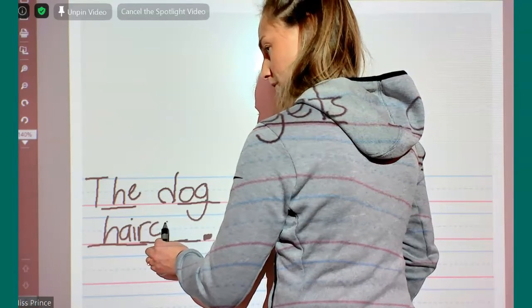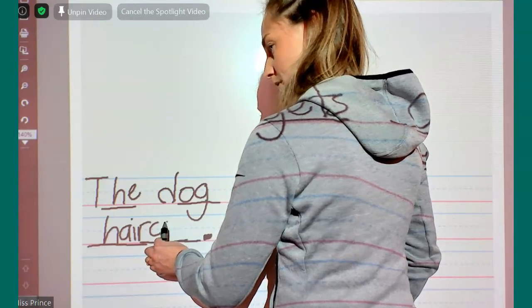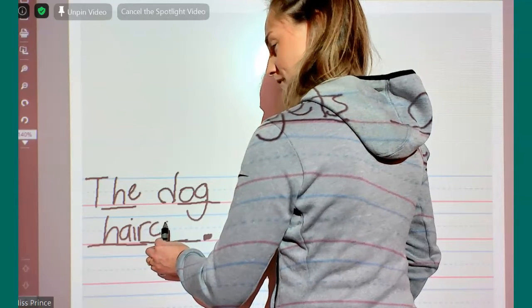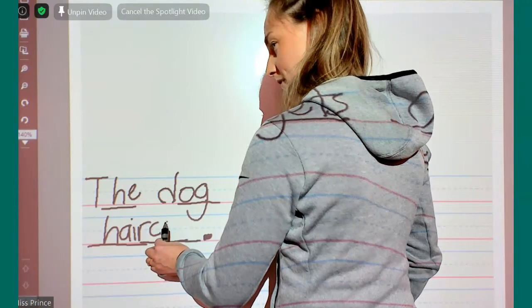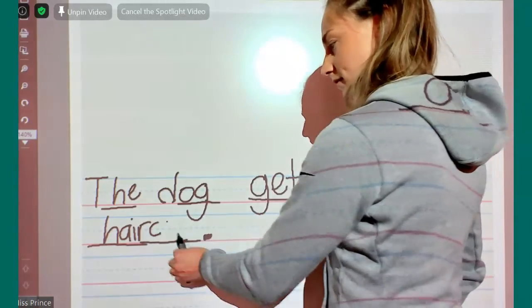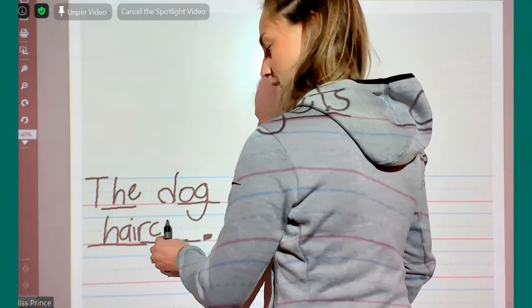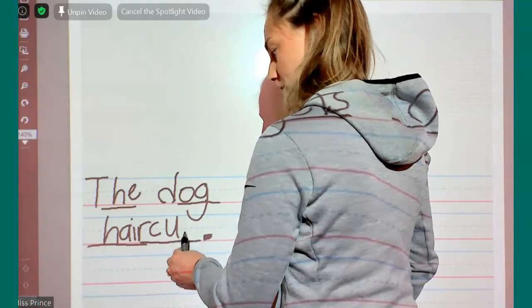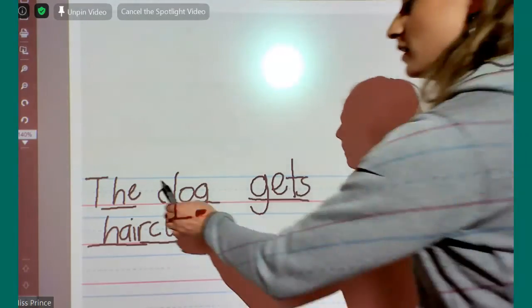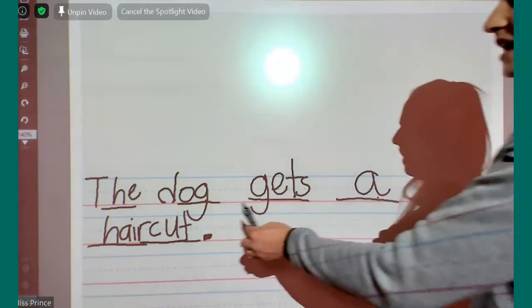C-H. Alright, Bracket. H. I didn't hear you. We're writing haircut. C-U-T. Good job. Haircut. The dog gets a haircut.